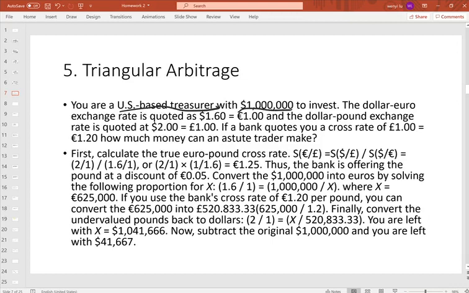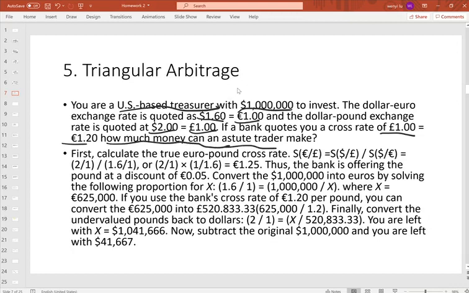The dollar to euro exchange rate is quoted as $1.6 per euro. A dollar pound exchange rate is quoted as $2 per pound. And the foreign bank offers you a cross rate of £1 per euro. So based on these three quotes, how much money can you make if you are an astute trader?